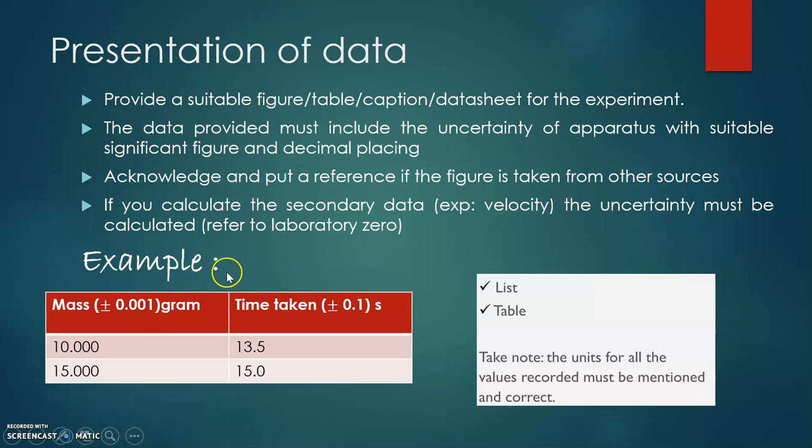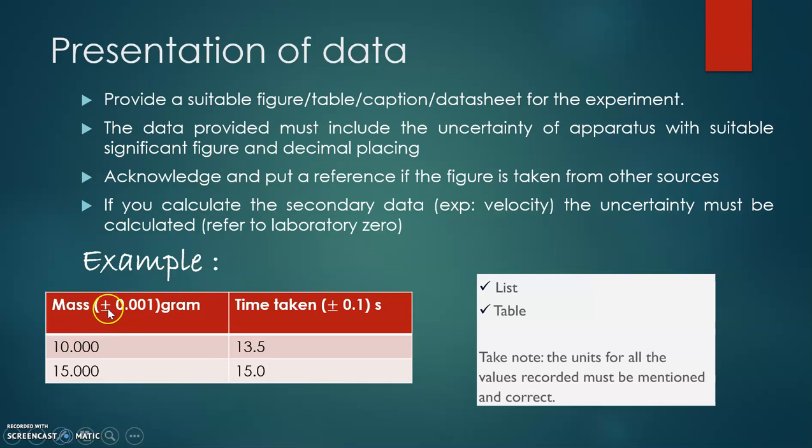So as you know, how do you obtain the sensitivity of the measurement? The apparatus must show the sensitivity, the lowest sensitivities. The highest sensitivity means the smallest scale that it can give to you.